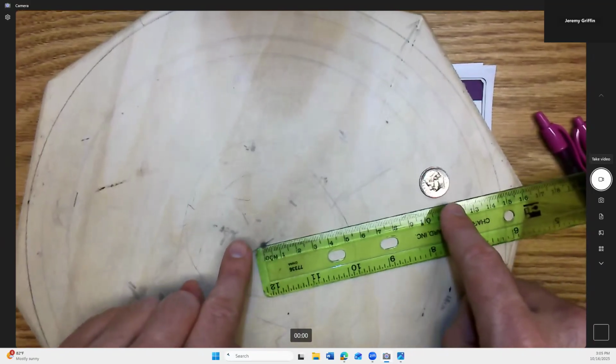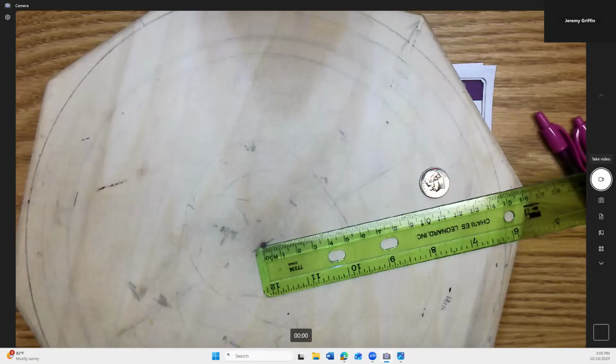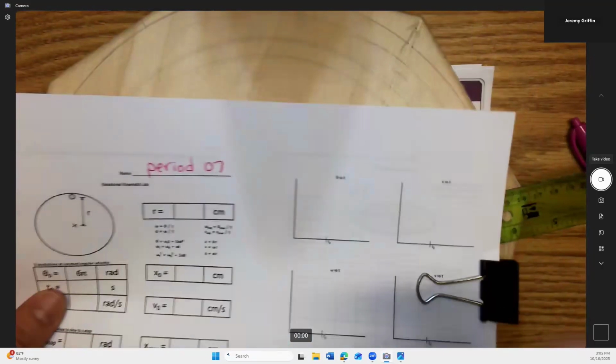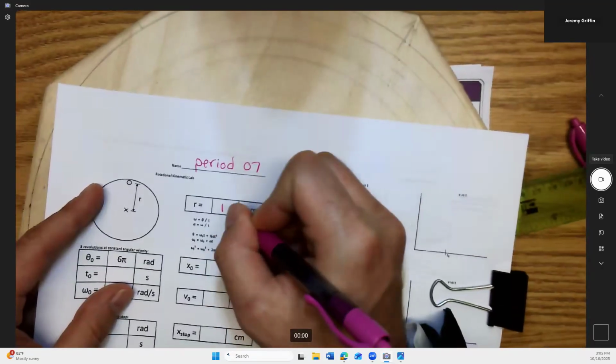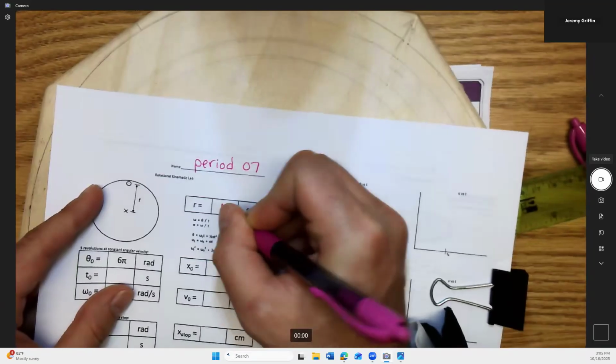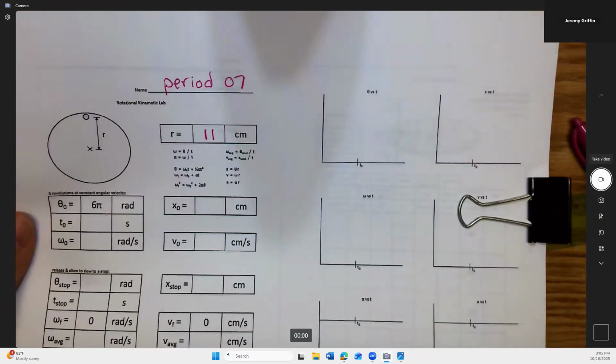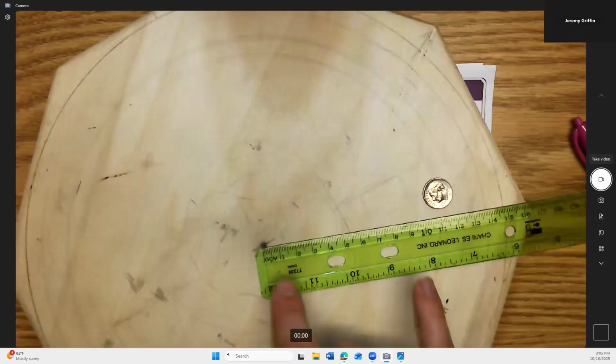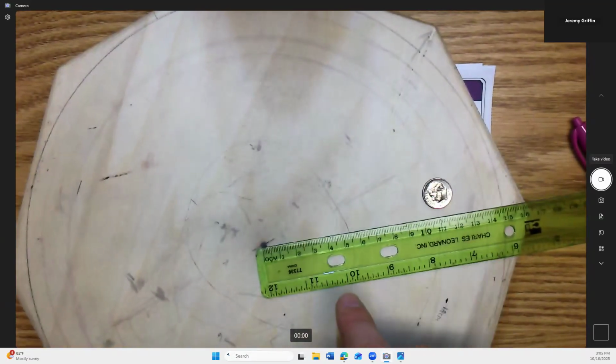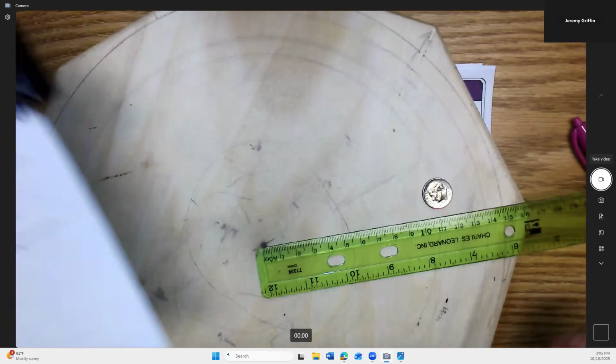Did you figure out what your radius is? Yours doesn't have to match mine. You can do 8, 9, 10, 11, 12, 13 maybe, if it fits. I'm going to put Roosevelt at 11 centimeters. 12 centimeters? Yeah, you can do 12. Did everybody have their radius size, just like I do? Okay, you guys good?